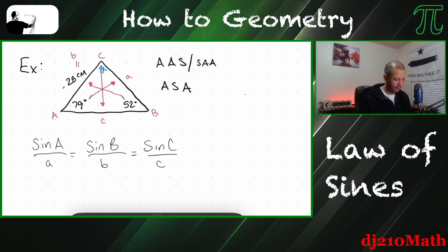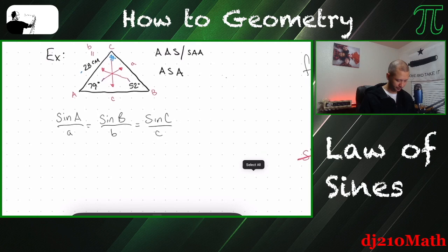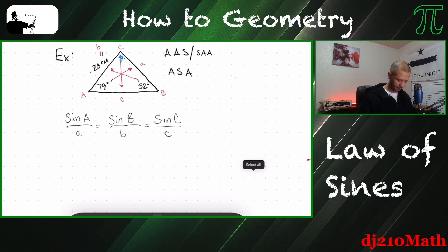Okay. And now, given all this information, let's plug into the formula and see what we have. So if we do sine of A being 79, and it's over little a, right?